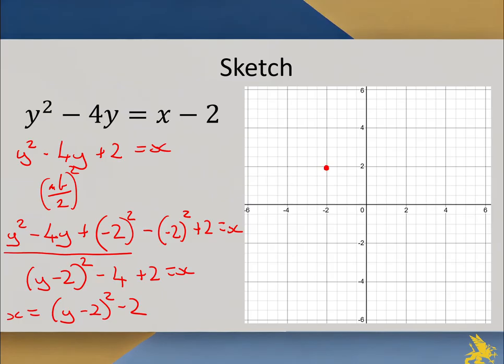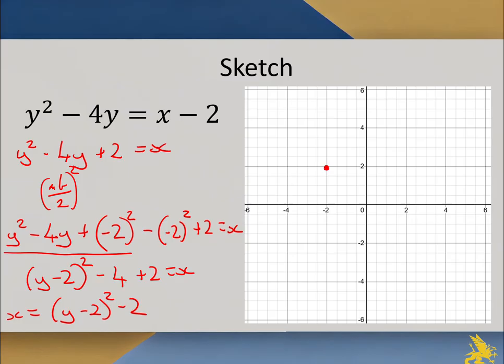The next part is I need to work out my intercepts. So to start off with, I will look at my x-intercept. Now my x-intercept means y will be 0.